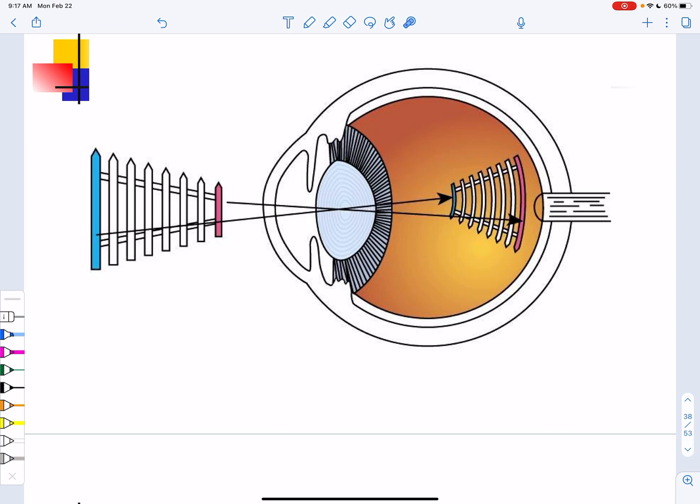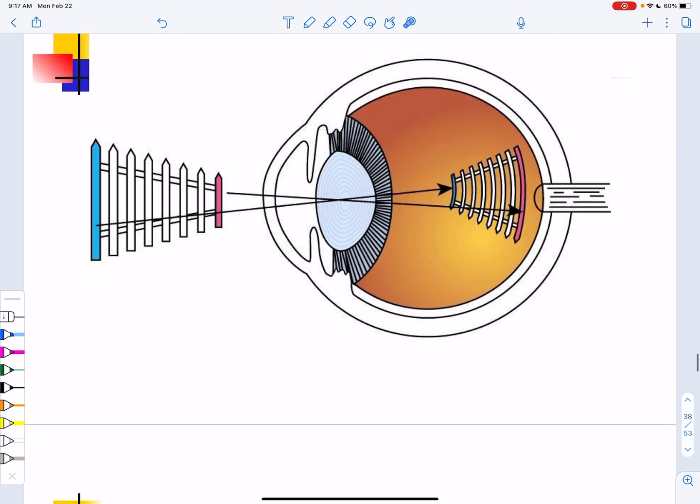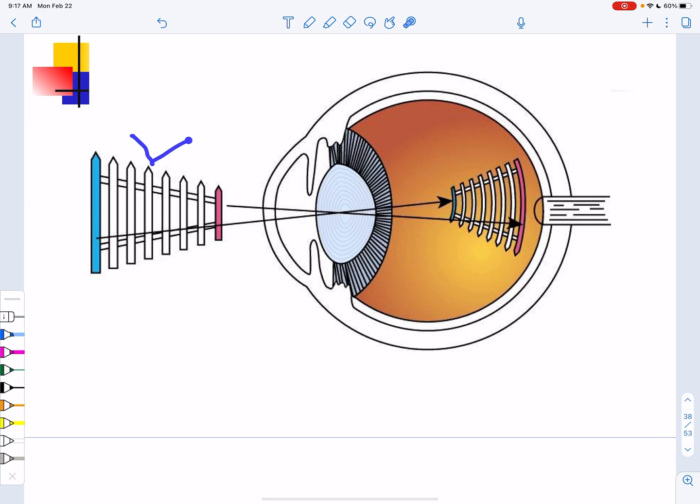So notice this image is flipped. What is easier to notice and less confusing is the points are up. When that light goes straight through the eye, that means those points are pointed down. Here is the flat part of the fence boards, and the flat part of the fence boards is here at the top, okay?